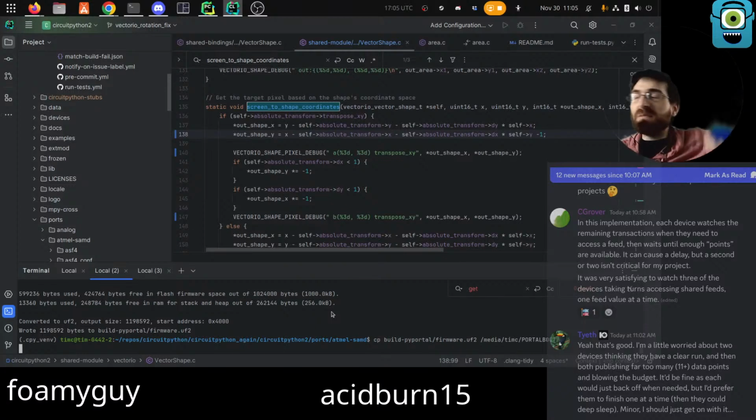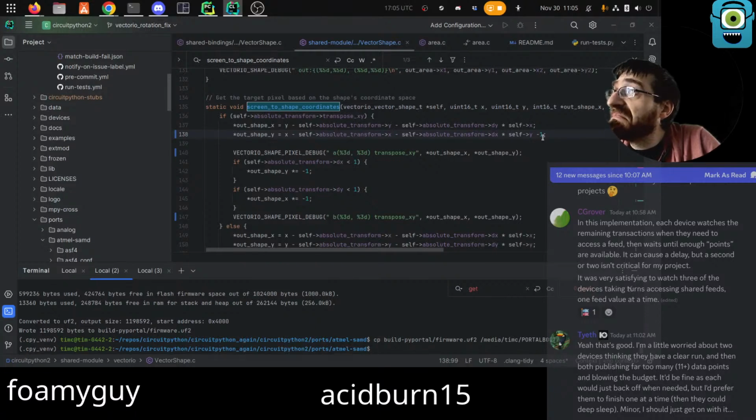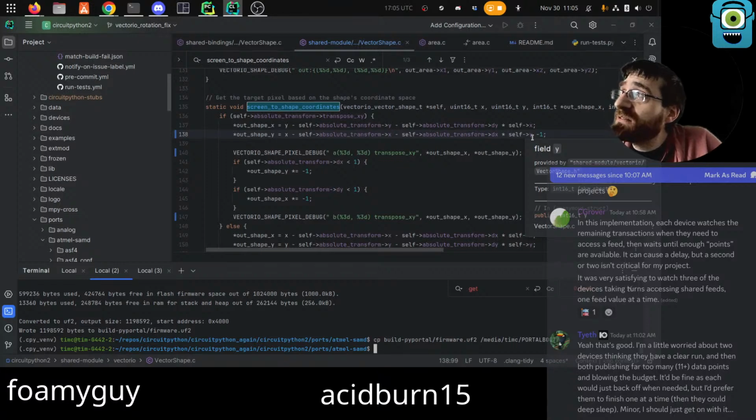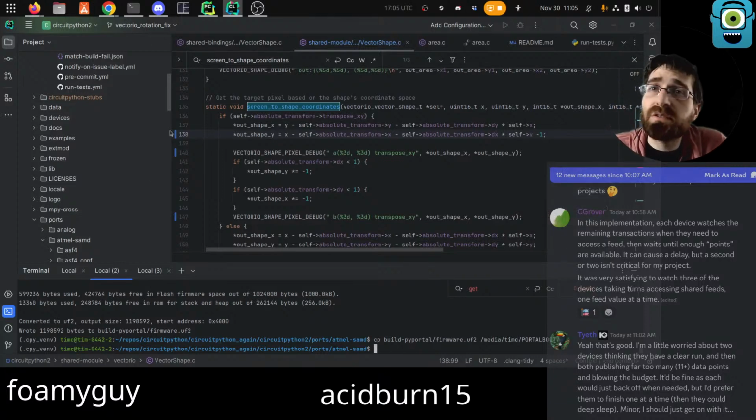I'm wondering maybe if this is not supposed to be minus 1. Maybe it's supposed to be something inside absolute transform. Like, should it be 1 times mirror? No, because we don't want to do minus. We're only transposing.